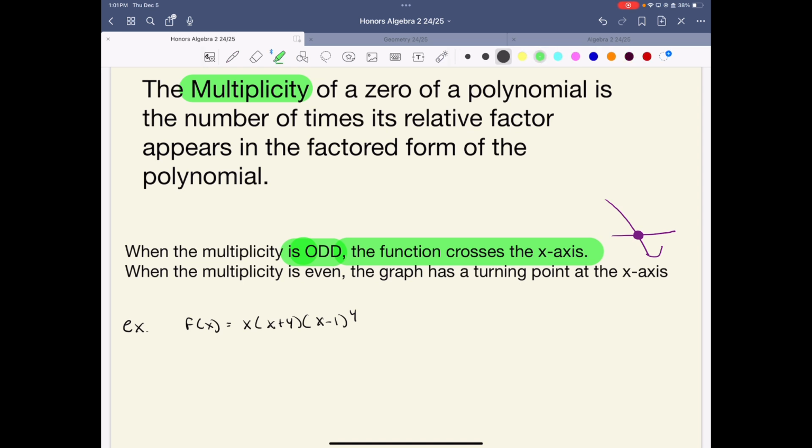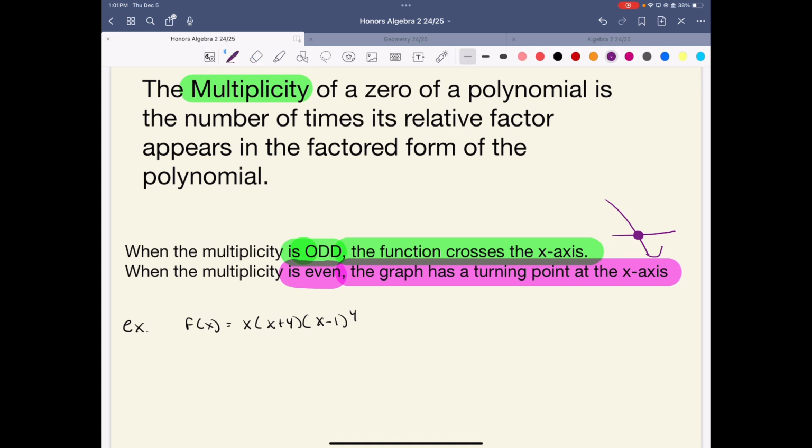If the multiplicity is even, the graph has a turning point at the x value. So odd, it goes through or crosses the x-axis. Multiplicity is even, the graph has a turning point at the x-axis.